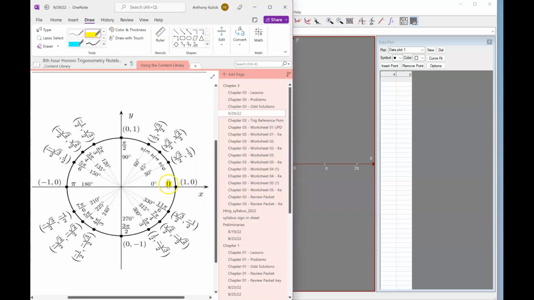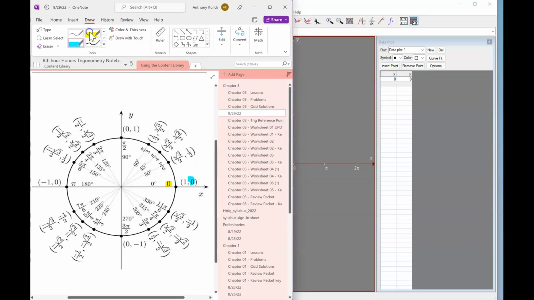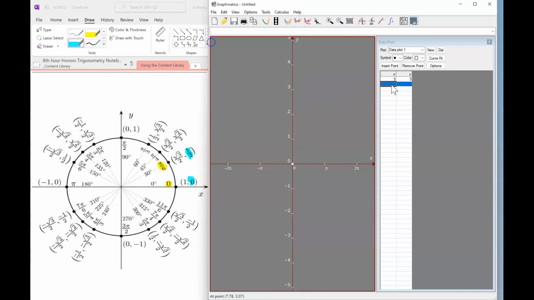So my first x coordinate that I'd be graphing would be 0 radians, and the value for sine of 0 is 0. The next point I'll be graphing has x coordinate pi over 6, and sine of pi over 6 is 1/2.